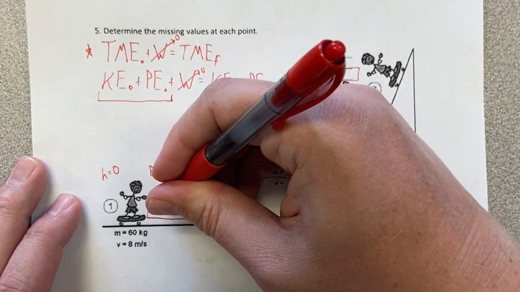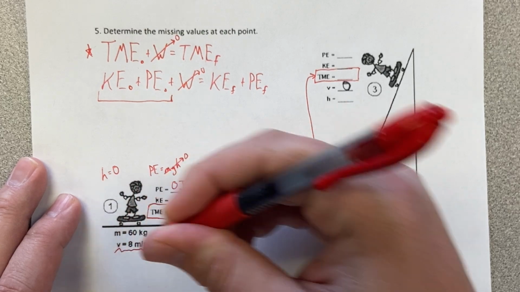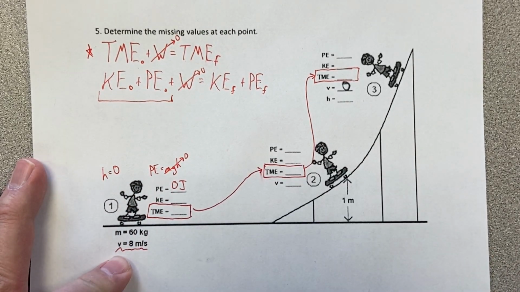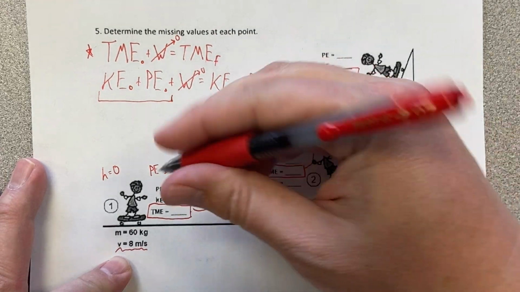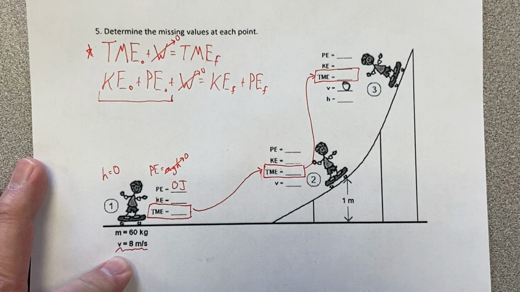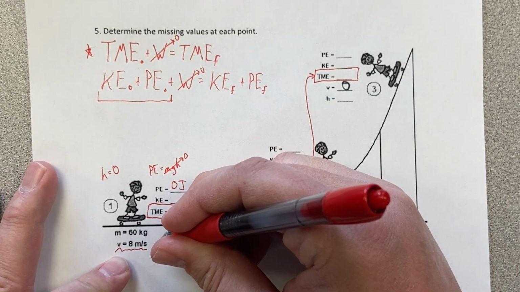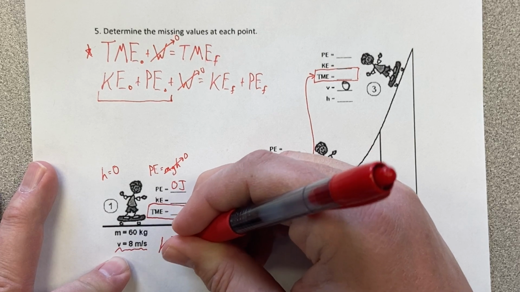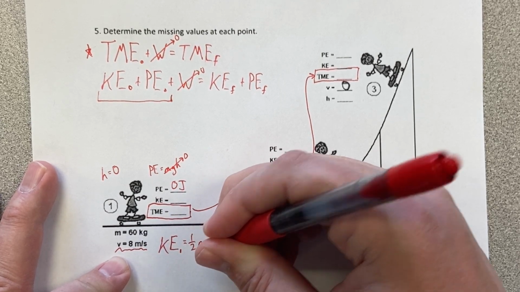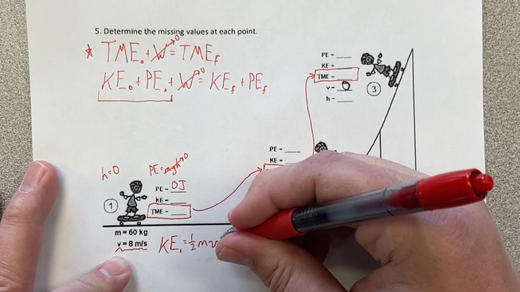Does the skateboarder have kinetic energy? Well, what you're really asking with kinetic energy is, are you moving? And yes, the skateboarder is moving. Next question: if this is not 0, do we have the numbers we need to calculate it? And in this case, we do. For the kinetic energy at point 1, we need the mass of the skateboarder, got it, and we need the speed at point 1, got it.